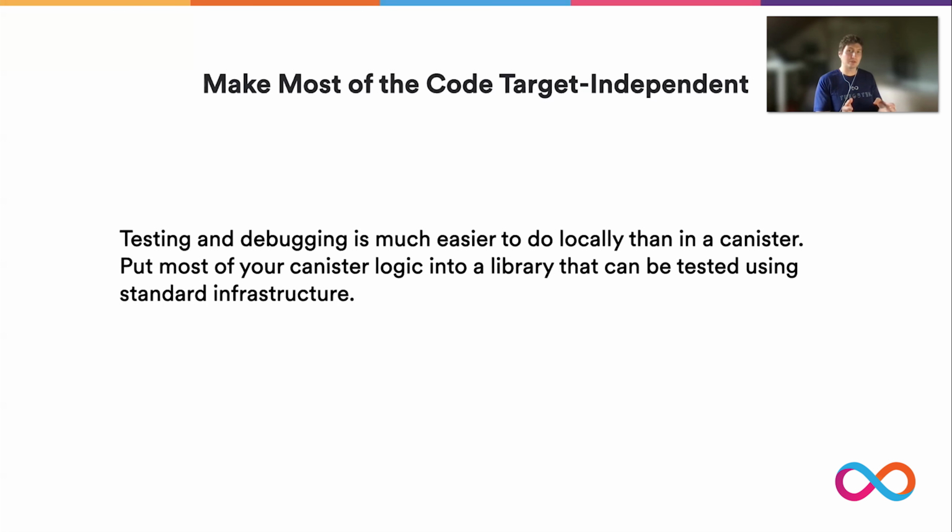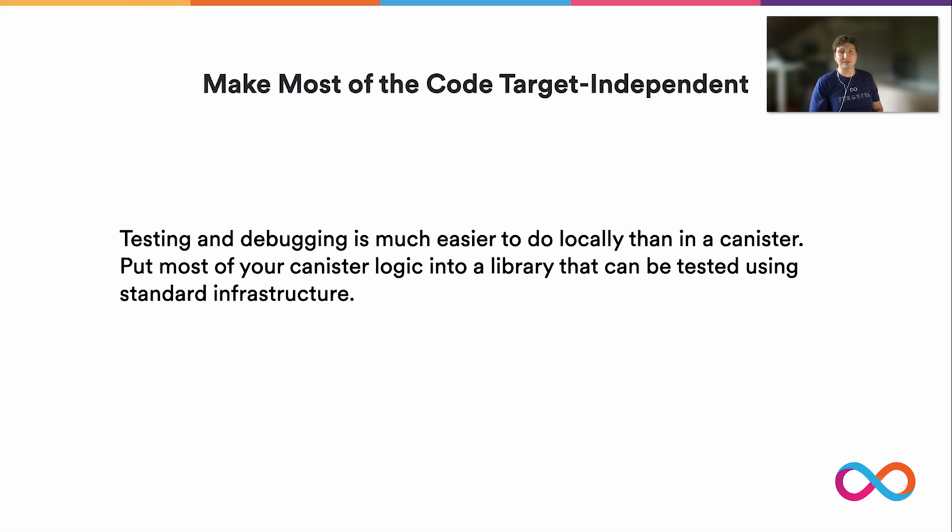This way you can write normal unit tests for your libraries, check that all the pieces work together nicely, and then you have your main file with the minimal code required to assemble a canister out of the libraries. You can still write tests against canisters.